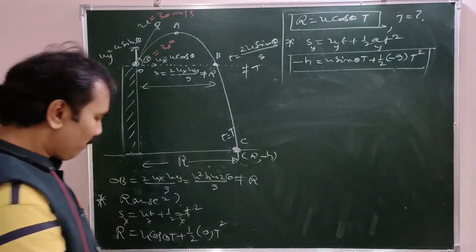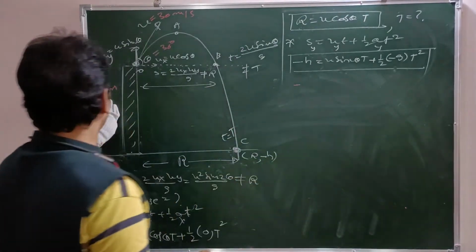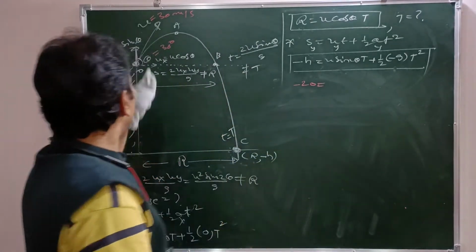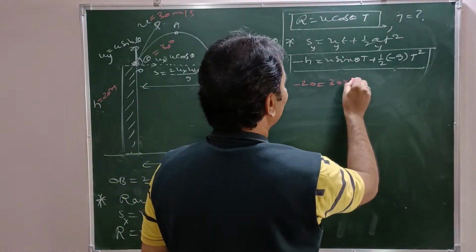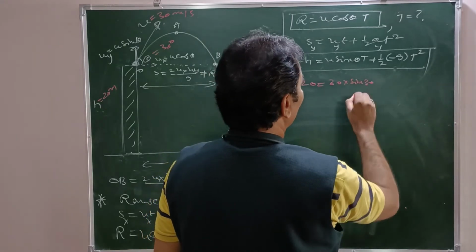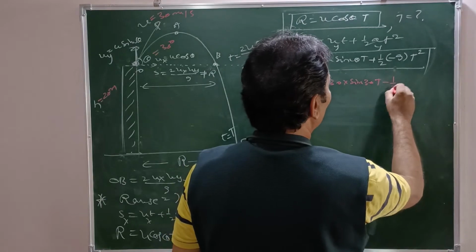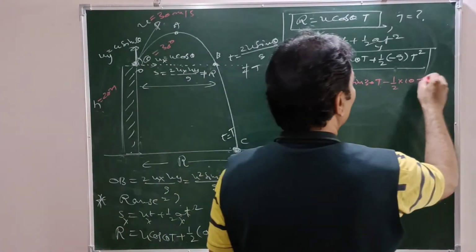Substitute here: minus h means minus 20 equals u sin theta, that is 30 into sin 30, into capital T unknown, plus half into g, taking 10 for example, into t square unknown.